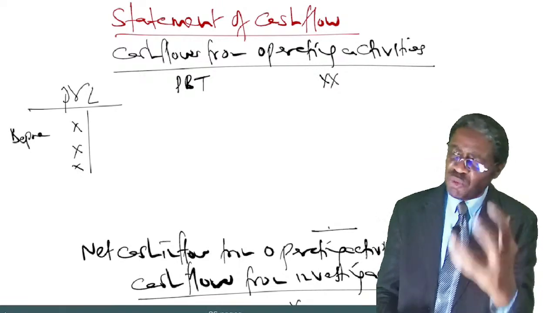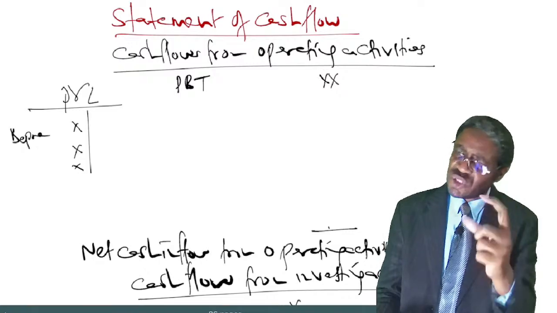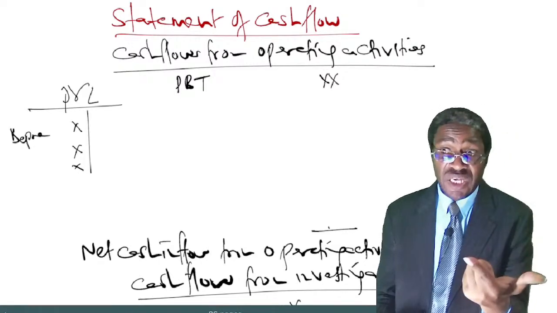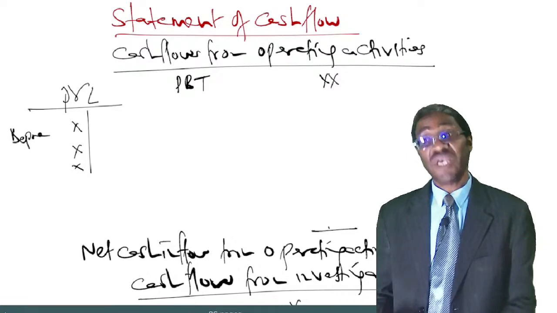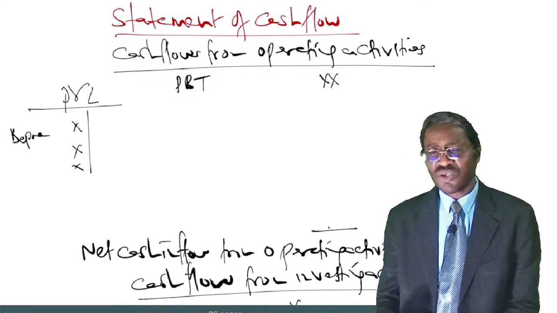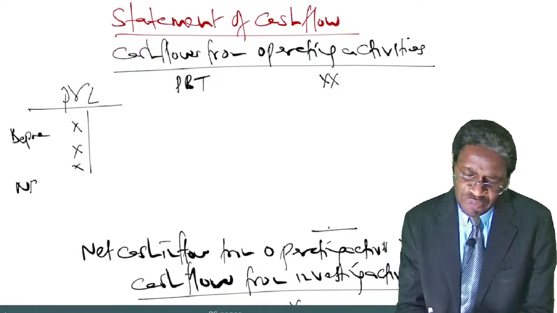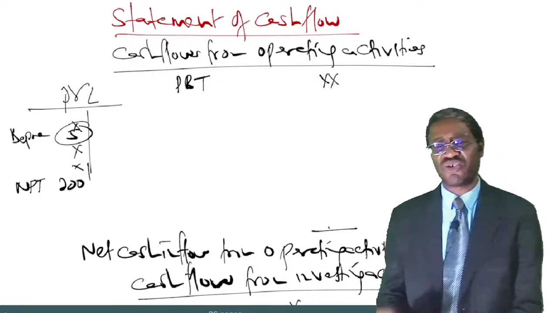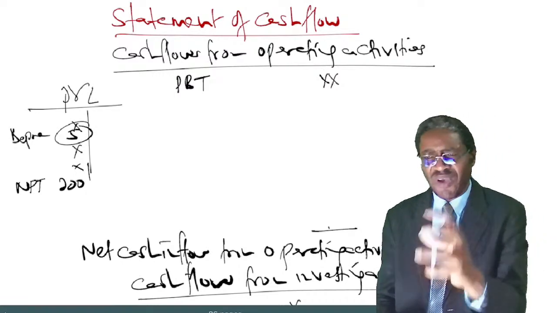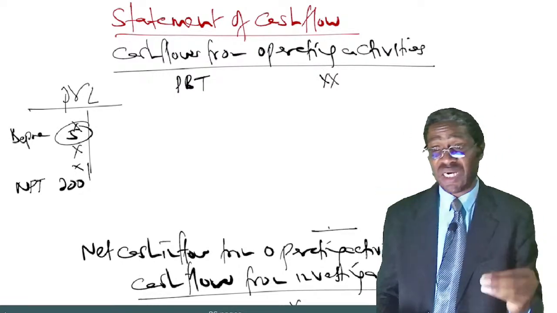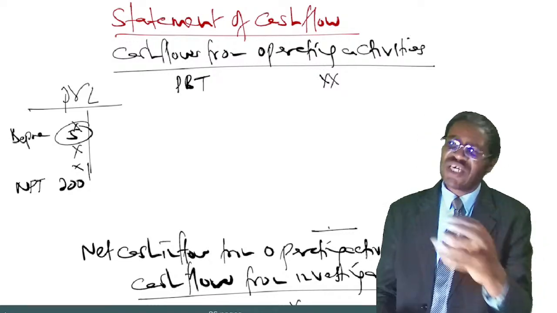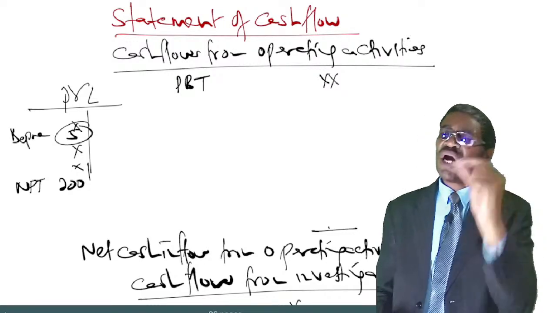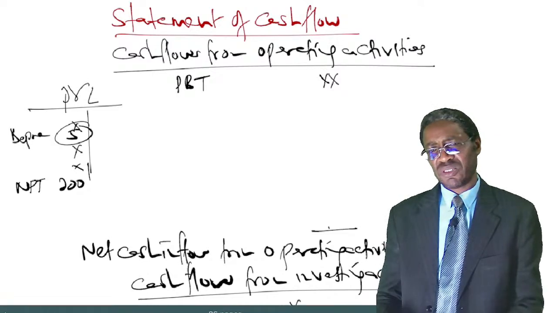But from the cash point of view, that depreciation amount did not involve any cash. So we are saying, if we got a profit before tax here of 200 million, and let us assume the depreciation is 5 million, suppose that 5 million was not in the P&L account and everything else was by cash, what would have been the true profit?